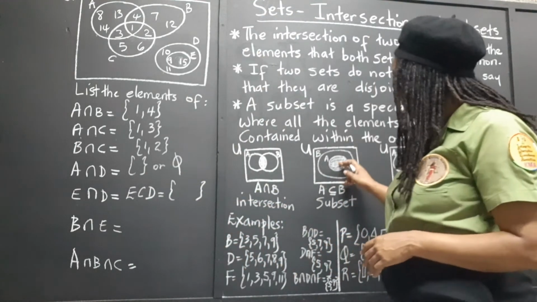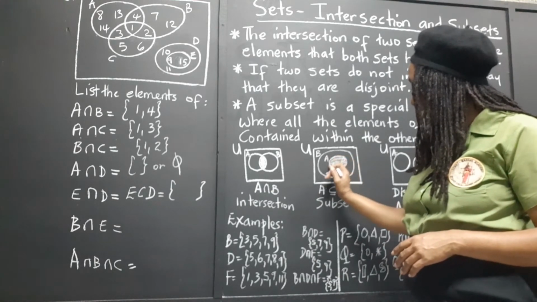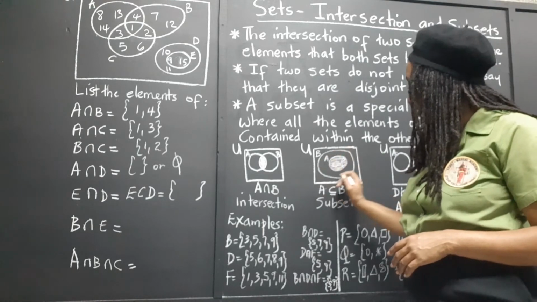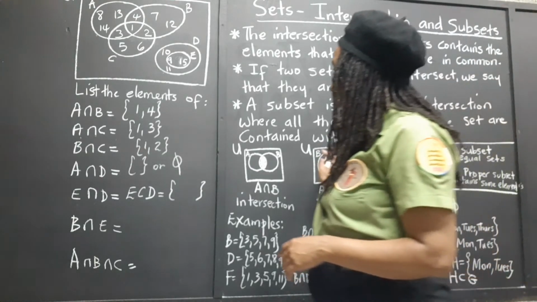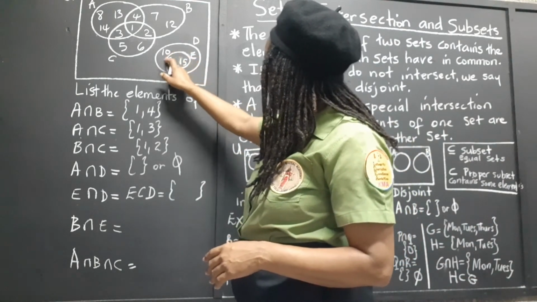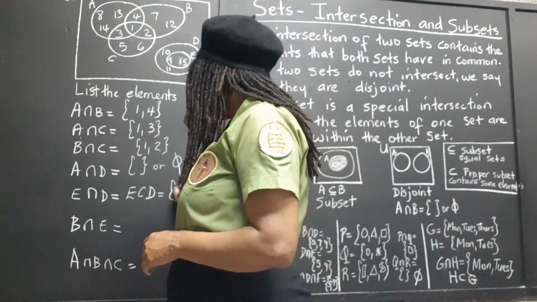One set is contained within another set, so their intersection is the smaller set. So the intersection of E and D would be E, which contains 9 and 15.